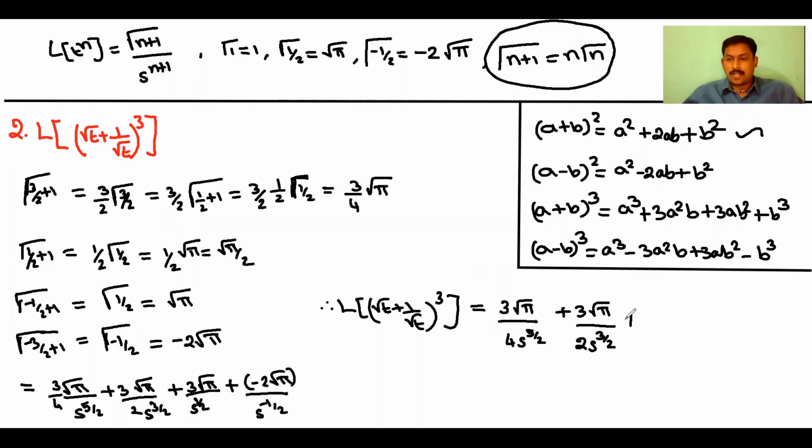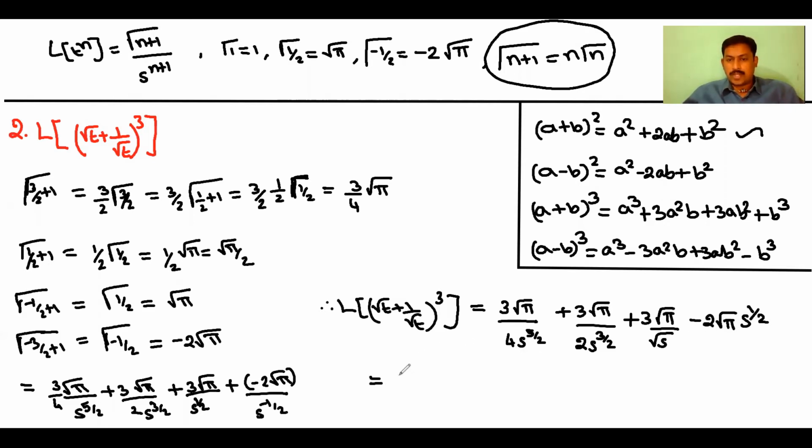And then I will take this s power 1/2 as root of s. So therefore I can write 3 root pi by root s. The next term, minus root pi, I will take that s power minus 1/2 to the numerator, or multiply the numerator as well as the denominator by s power plus 1/2. So we will get s power 1/2 in the numerator, the denominator is s power 0, that is 1.